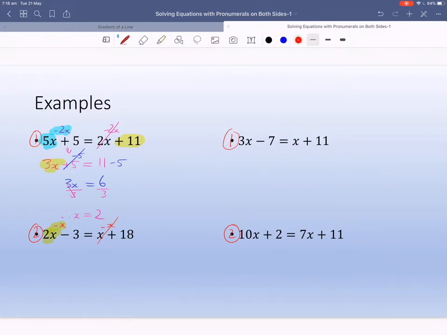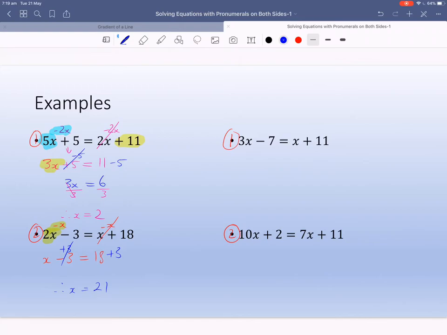I've got 2x's minus an x, so you've got 1x, but mathematicians don't write 1. So I'm going to rub that out. We're just going to have x, and then write everything else that's left, and there's plus 18. Now there's just one thing to move. So plus 3, therefore x equals 21.